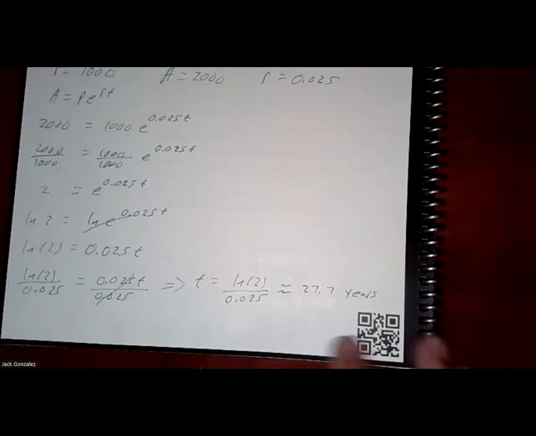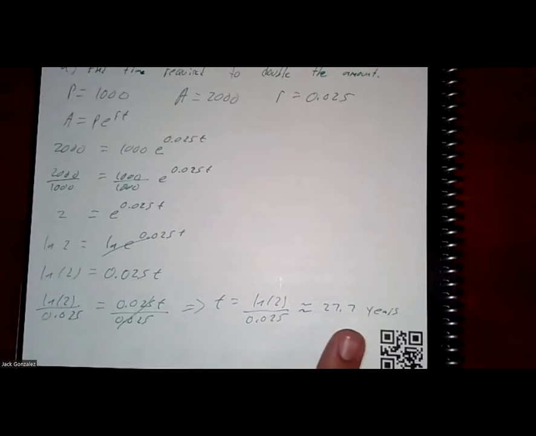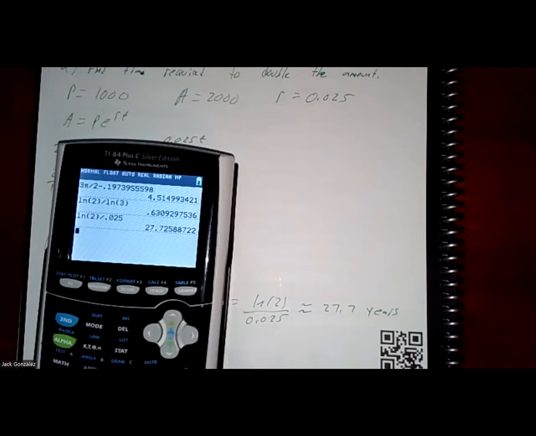Okay. Any question on 33? So we just plug in the t to the equation. The 2000 equals 1000 e to the 0.025, and then we just plug in ln 2 over 0.025. Oh, you're asking where this came from? Yeah. Oh, no. All you got to do is just divide it.